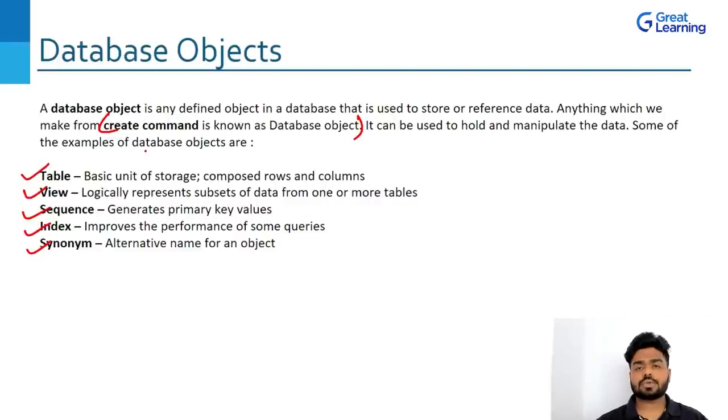Table, basic unit of storage. We use it to store data. It is composed of rows and columns. We have already seen it a lot of times. So table is one of the objects. View logically represents subsets of data from one or more tables. So let's say that you have two tables, student and student department. Now from these both tables, you want to take some data and create a new temporary data for your own purpose.